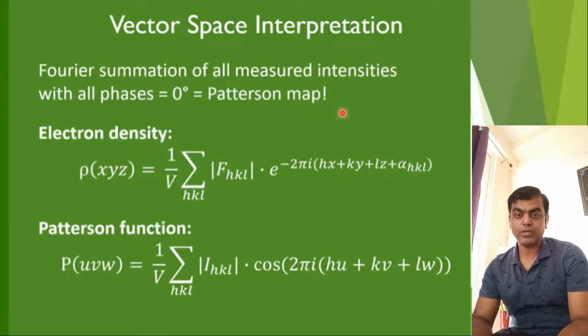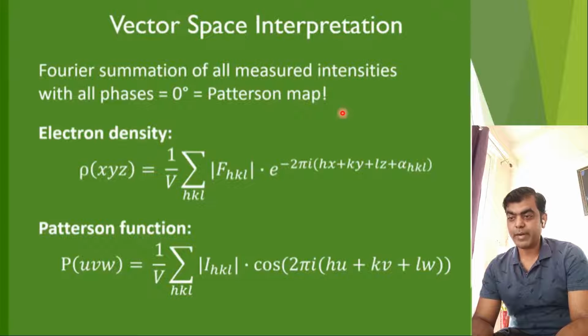Now, Fourier summation of all measured intensities with all phases is, for example, taken as 0 degree. So we are assuming right at the beginning that all phases are equal to 0 degree, and based on that we will do it as a Patterson map.